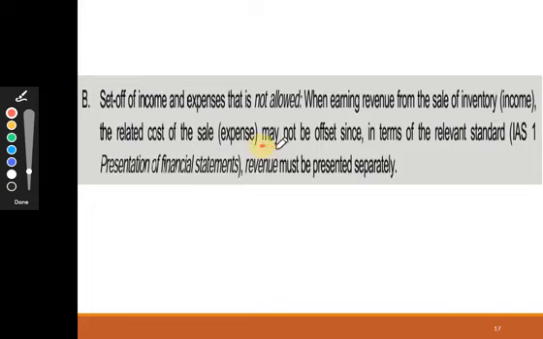No. This may not be offset, since in terms of IAS 1, our first standard that deals with the presentation of our financial statements, revenue must be presented separately. So we must separate our income from our cost of sales. Both of those are separately disclosable on our statement of comprehensive income.